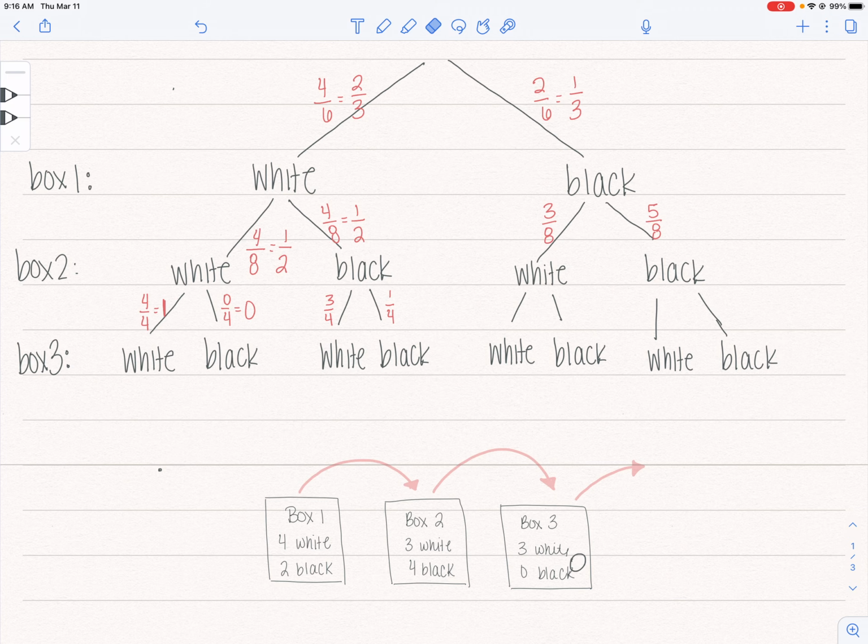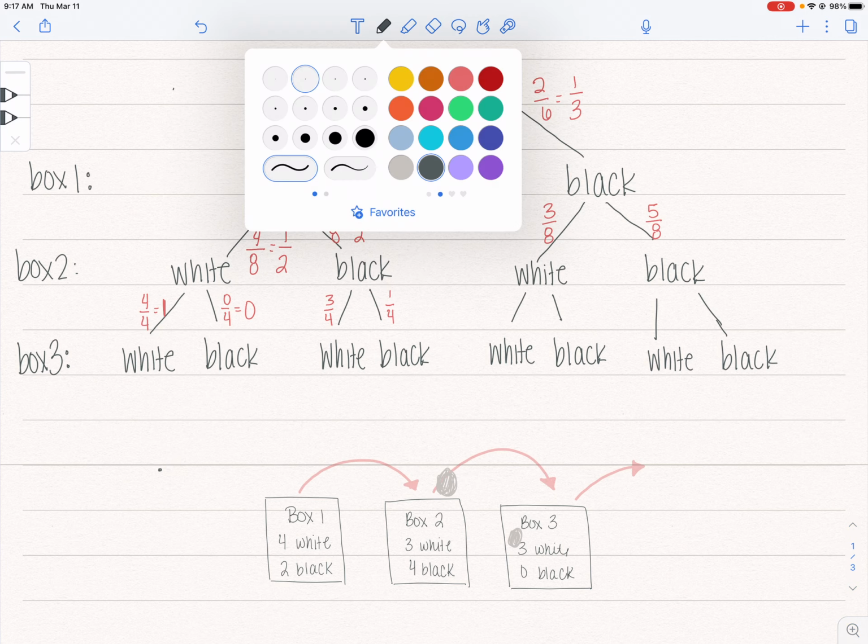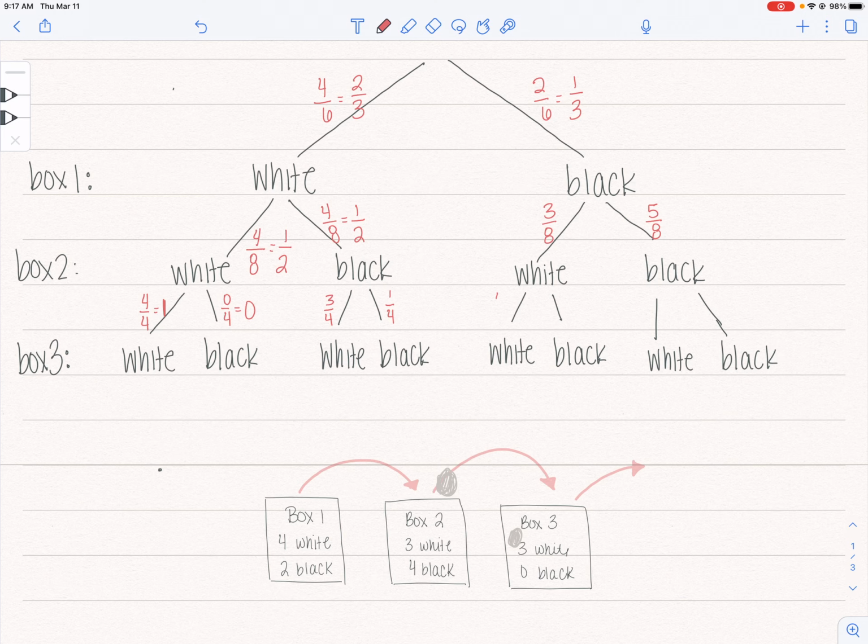And then the next one. So now this is assuming I drew a white ball out of box 2 and I dropped it into box 3. So the probability of white in that box is going to be 4 out of 4, or 1.